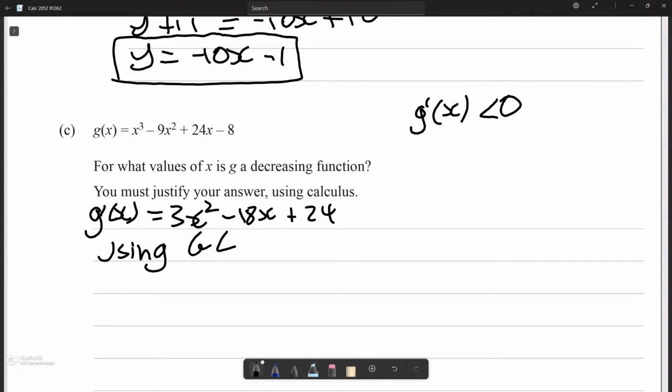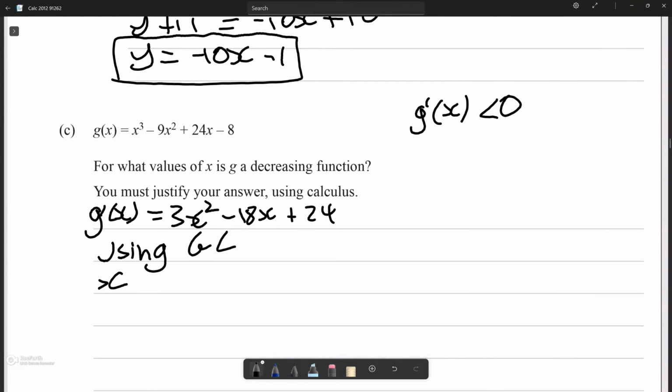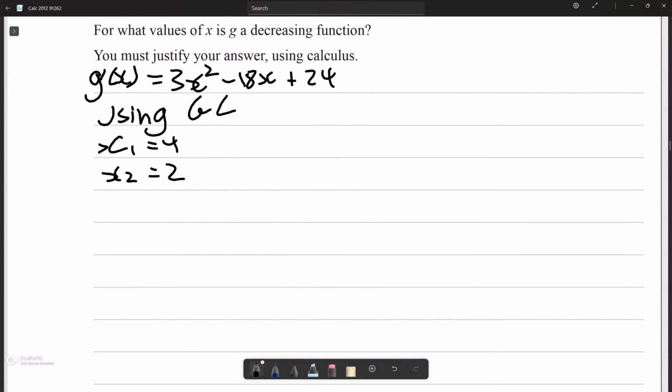And then since it's a quadratic, using the GC, the x-intercepts are 3, negative 18, 24. So x equals 4 and x equals 2. x1 equals 4, x2 equals 2.